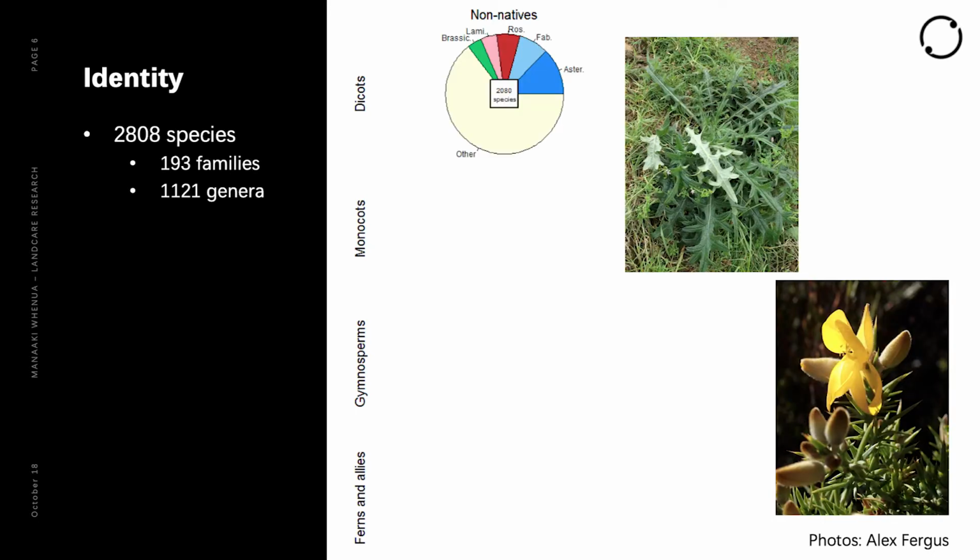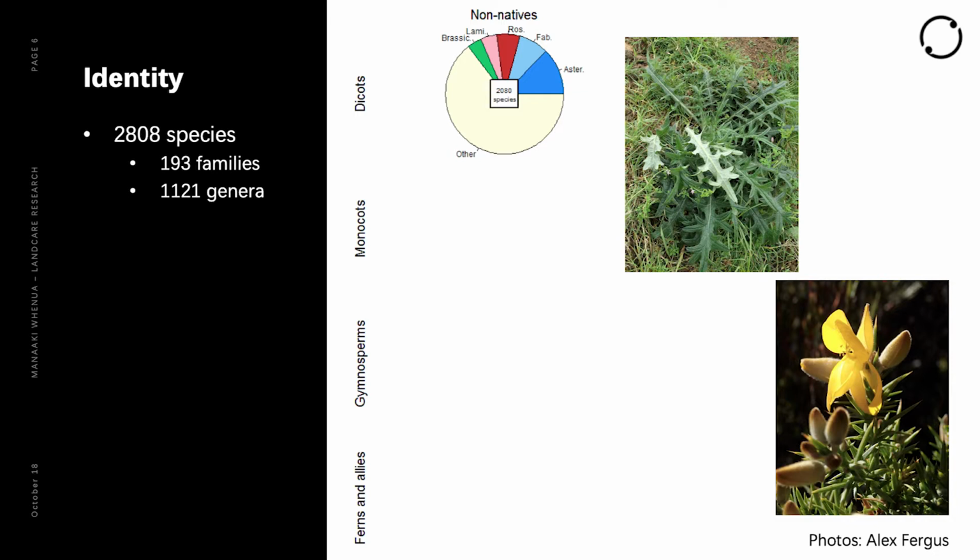So the largest group of non-natives we have introduced plants are the dicots, and there are over 2,080 species there. And the 5 most speciose families up there are probably quite familiar ones for everyone here.